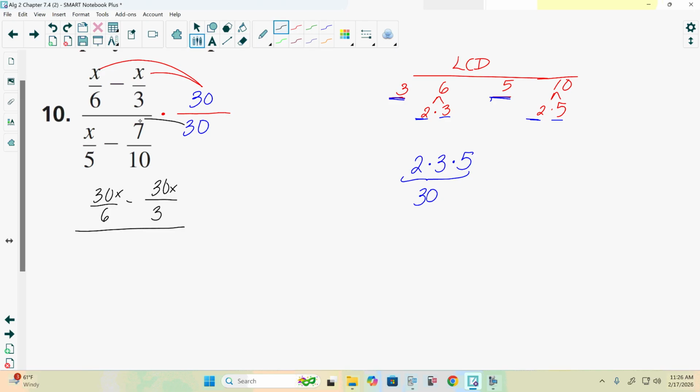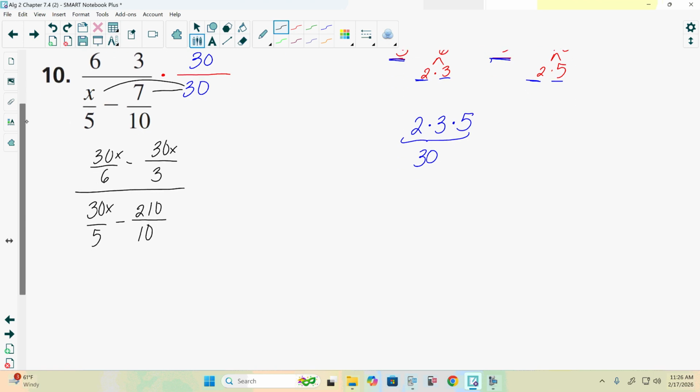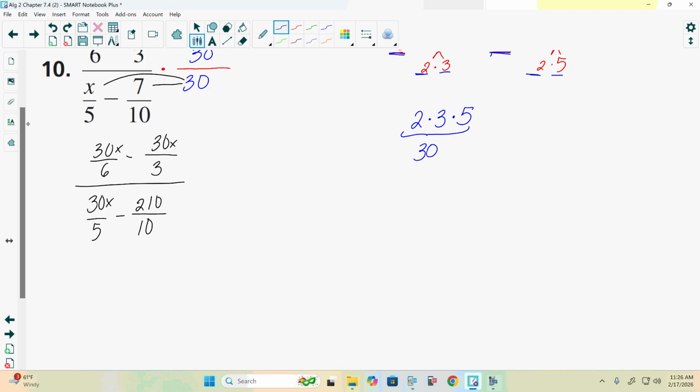On bottom, we're going to do the same thing. 30 times x is going to give us 30x over 5, minus 30 times 7 is going to give us 210 over 10. So we're going to do that distributing. We're going to multiply through by 30, and then we're going to reduce.